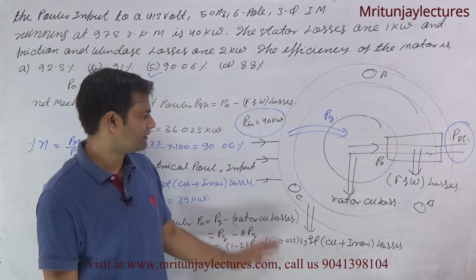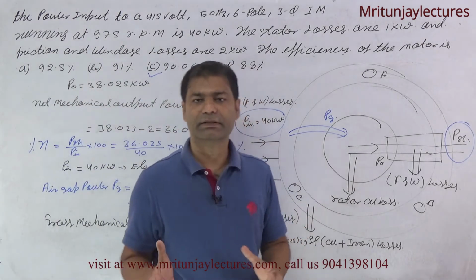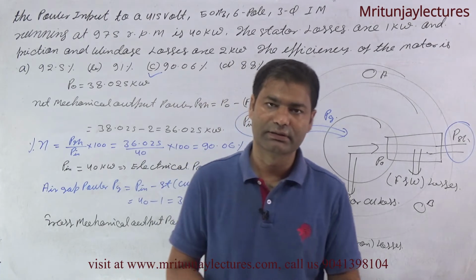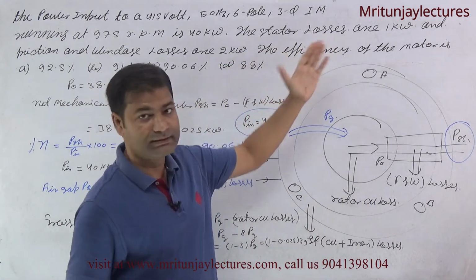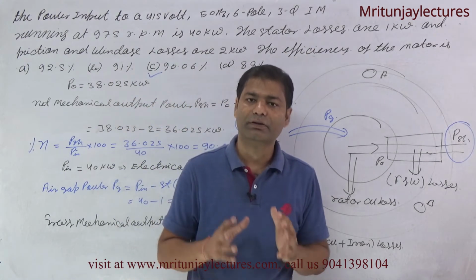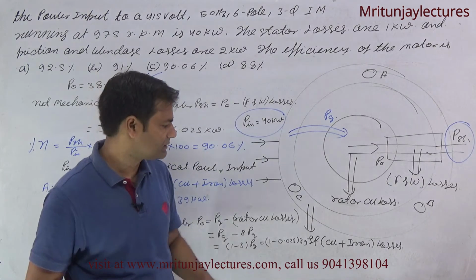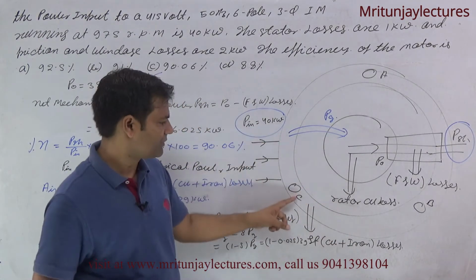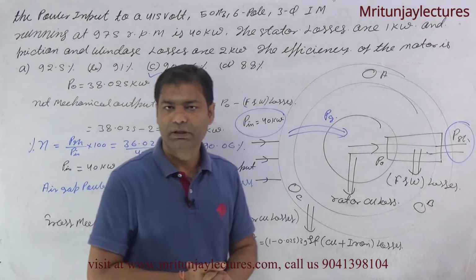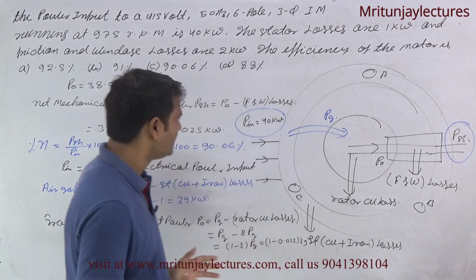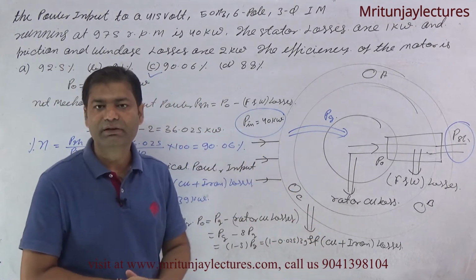Net electrical input power is given to the stator, and some power is lost in the stator, that is stator copper loss and stator iron loss. In the question, the stator losses, meaning the sum of stator iron loss plus stator copper loss, are 1 kilowatt. So the remaining power transferred from stator to rotor is the air gap power PG, that is P input minus 1, which is 39 kilowatt.